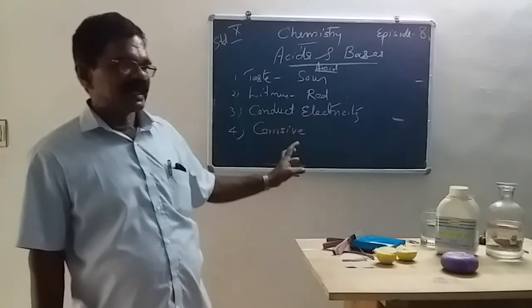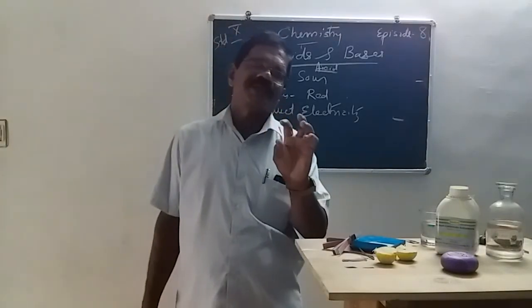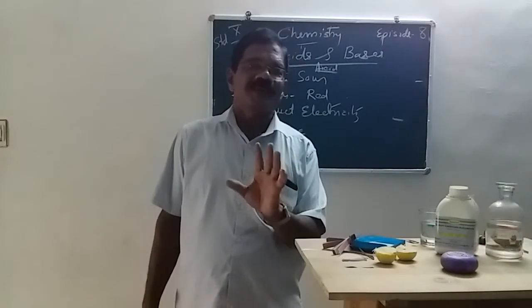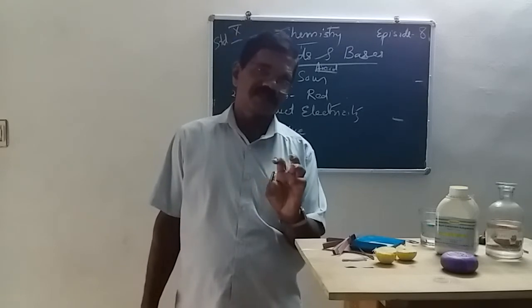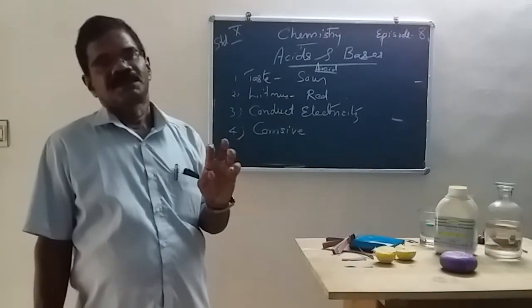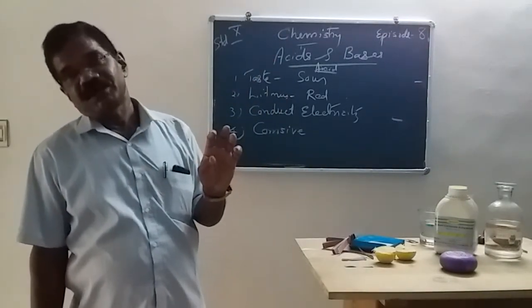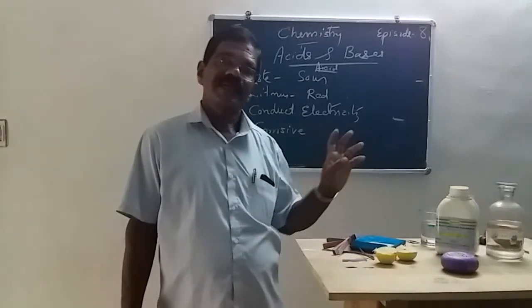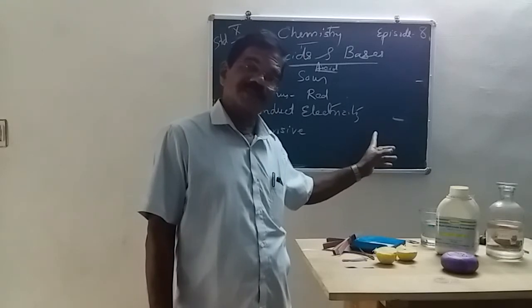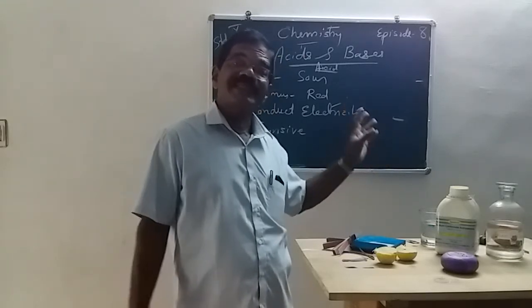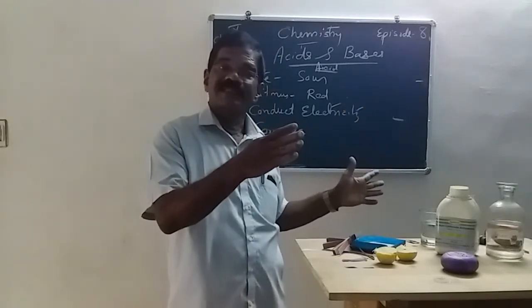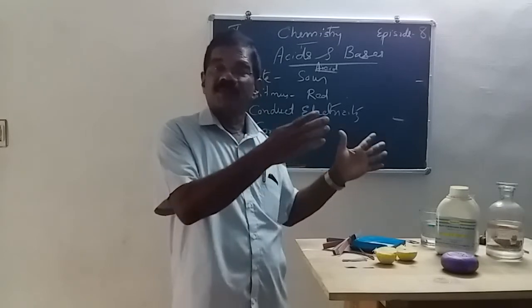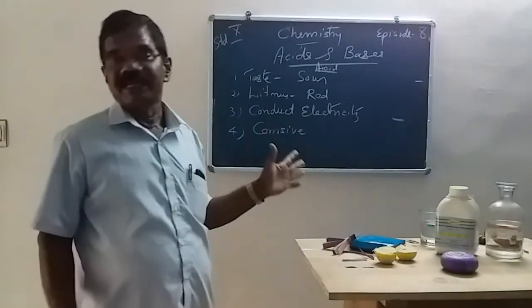Where are chemicals always used? Almost all the chemicals are always kept in glass bottles, or in plastic bottles. Acids react with metals, or acids eat up the metals or the substance in contact with them, except glass and plastic.